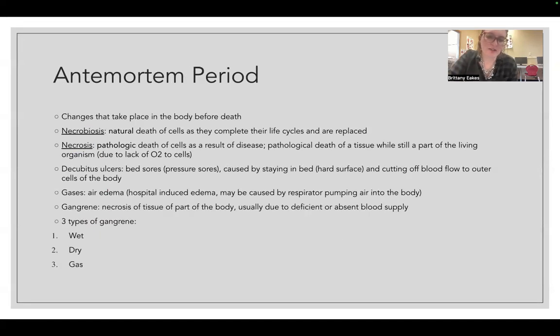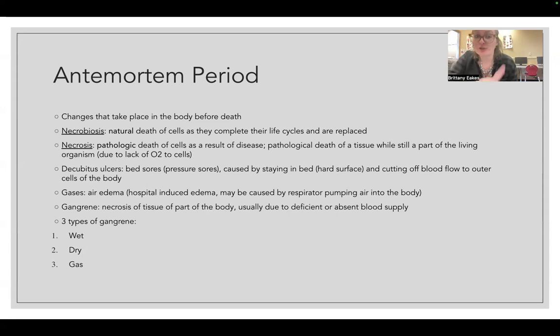Let me touch back on here real quick. These are also antemortem things that can occur. There can be a buildup of gases in the body, like air edema, which is nosocomial, hospital-induced edema caused by the respirator pumping air into the body.